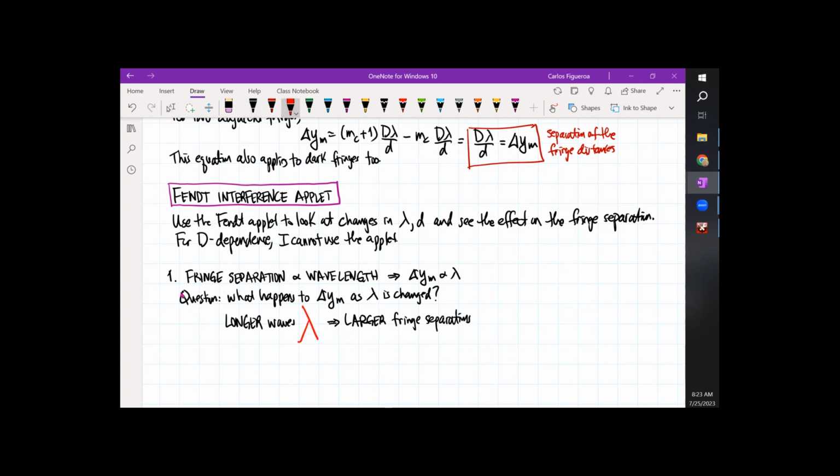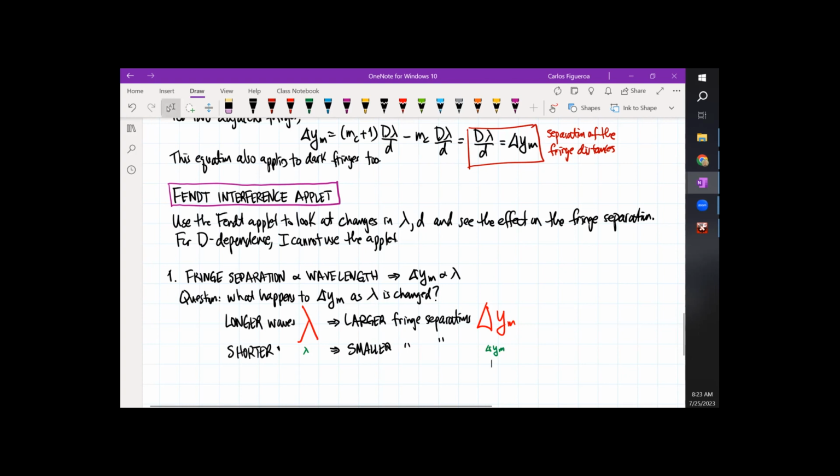In other words, this should grow in size. On the other hand, if I have shorter waves, then I get smaller fringe separations, so they should get tighter.